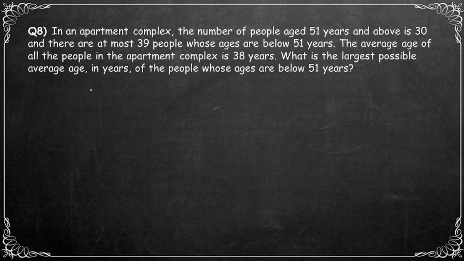Now there is no need to create a timeline for this question since everything is happening in the present. Now it says that there are two groups of people, age 51 years and above and age below 51 years.